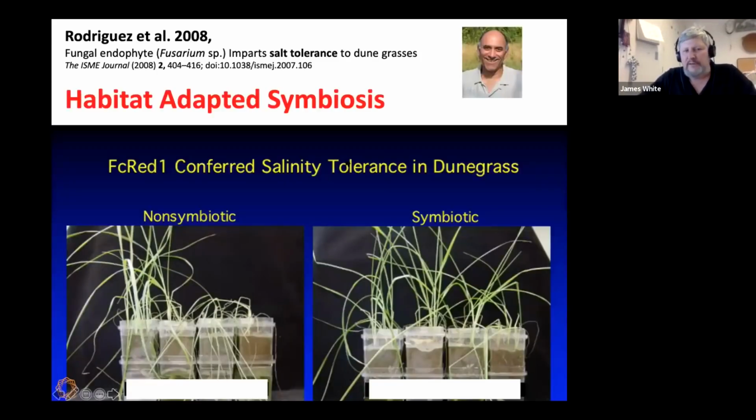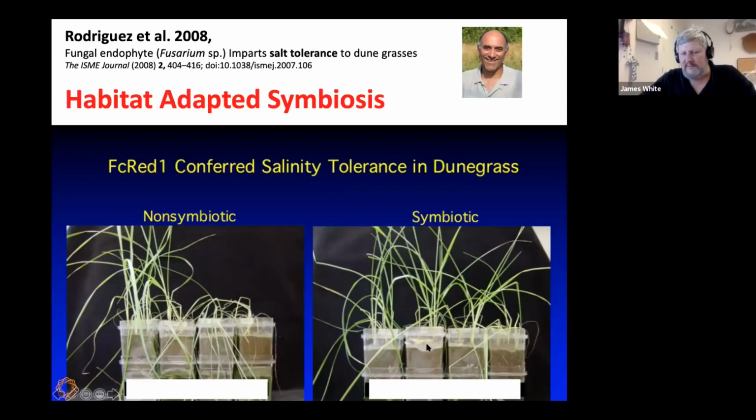Okay, this shows an experiment that Rusty Rodriguez did, in which they showed a fungal endophyte made their plants more resistant to salt stress. And you can see here, the ones to the right, they call symbiotic, is where they put a fungal endophyte in their plant, and then they put it in salt soil.